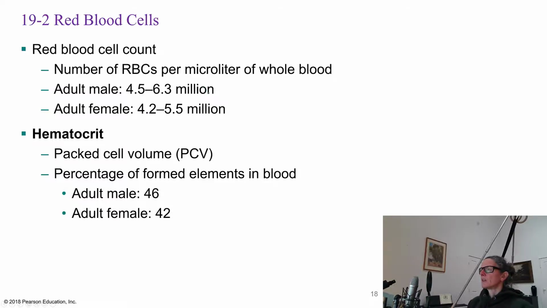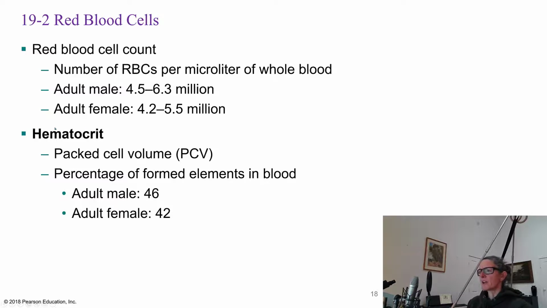One of these differences owes a little bit to the size difference. And also, the adult female is not going to make quite as many red blood cells as the males do because females have a little bit less testosterone. Interestingly, it turns out that testosterone promotes the production of erythrocytes, or red blood cells, whereas estrogen does not.